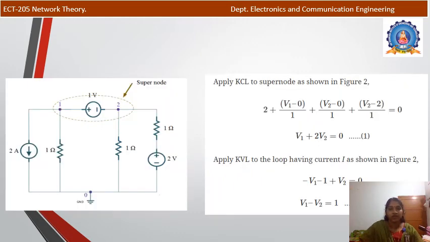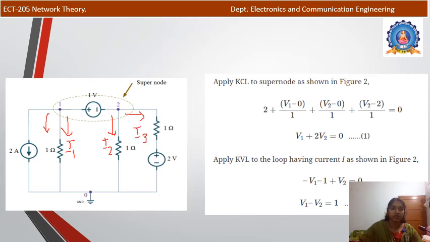Applying KCL at the supernode, we have 2 ampere in the downward direction, and these currents are I1, I2 and I3.